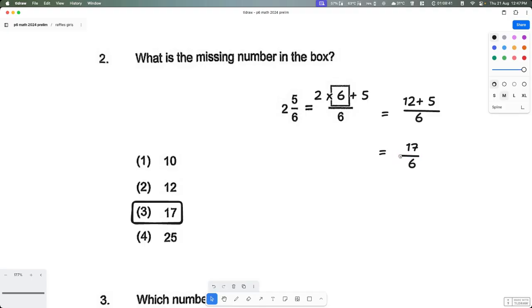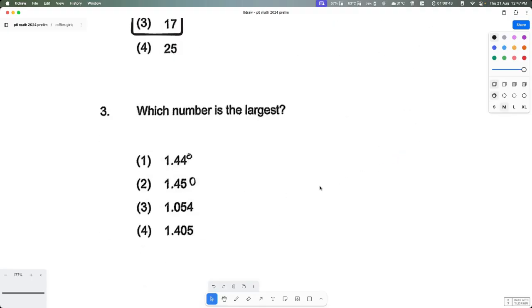Question number 3. Which of the following is the largest? They've already added 0 for me, so I'm going to add 0 as well, to make all of the numbers have the same decimal place.